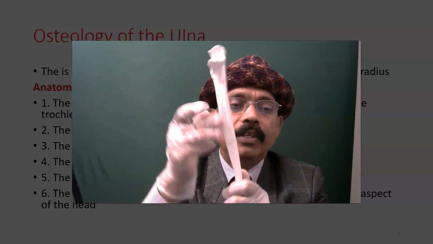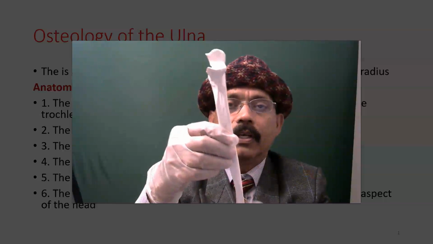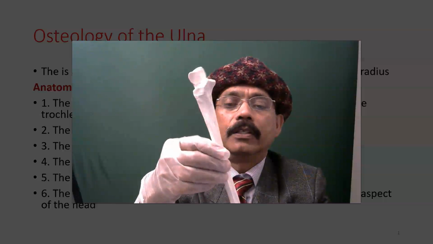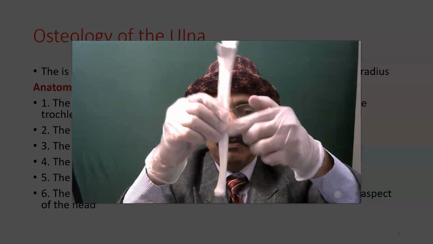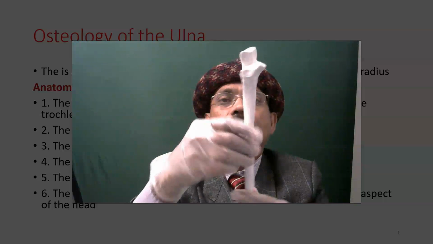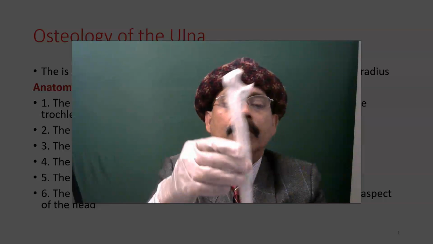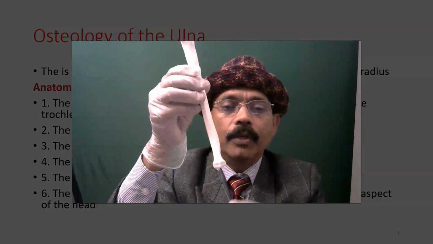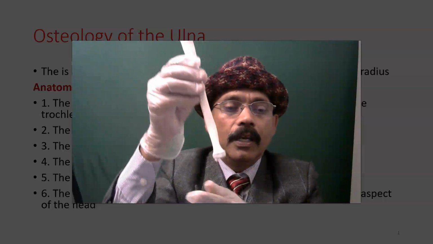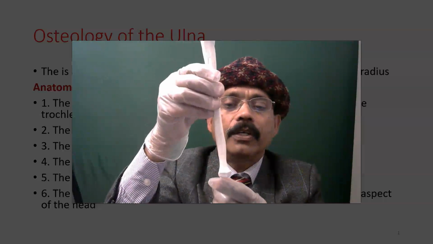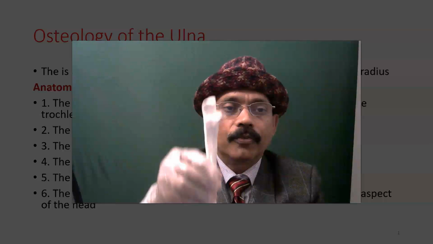Here is the interosseous border, and we'll get the anterior border here, and the subcutaneous posterior border. In the lower part we have the head, and from the posterior-medial aspect of the head we have the styloid process.